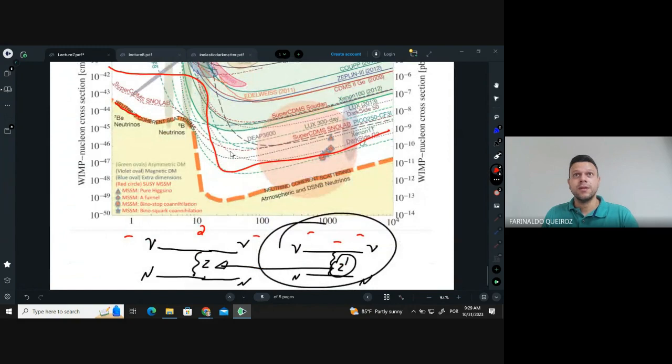So are there any experiments that detect only neutrinos? There are. That wouldn't detect dark matter at all? No, we have detectors just probing neutrinos. But in the case I just circled, there is no dark matter whatsoever, right? This one, there is no dark matter. This one, there is no dark matter. I know.